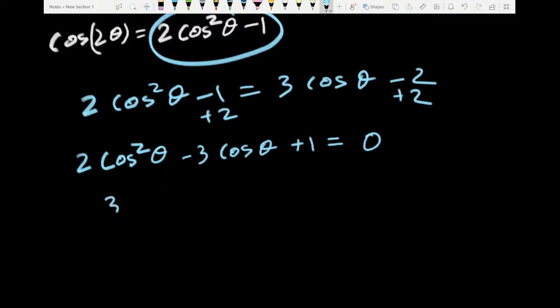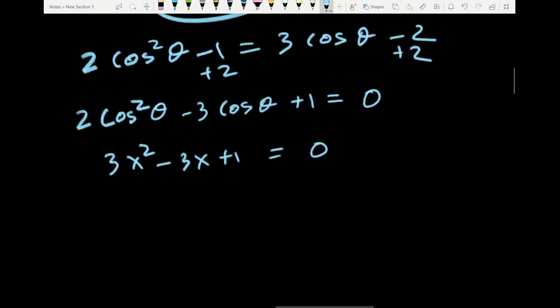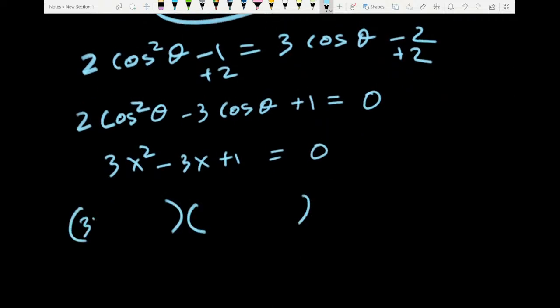Now, treat this as a quadratic. What would that equal to? Let me see if that's correct or not. Negative 3x, positive x. Let me make sure I'm doing the factoring correctly.